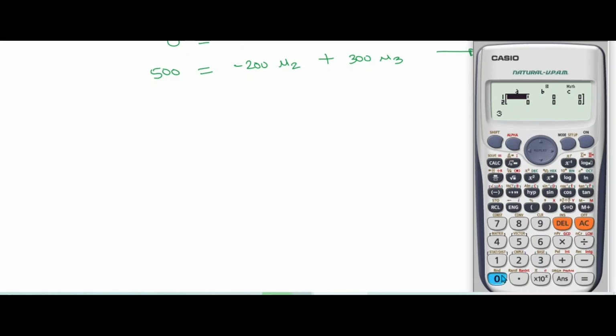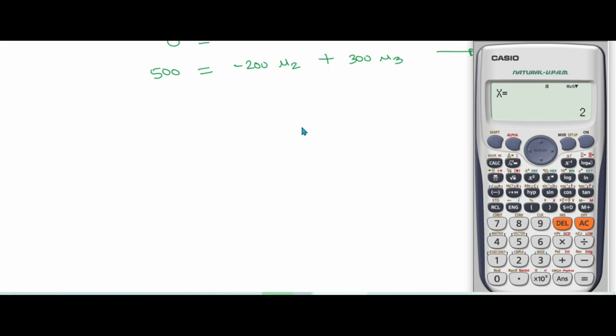So this will be 300, press equal to, next minus 200, press equal to, and it is 0, press equal to. Next this will be minus 200, equal to, then 300, equal to, and 500. Once you enter, press equal to, and you will get the value of x.